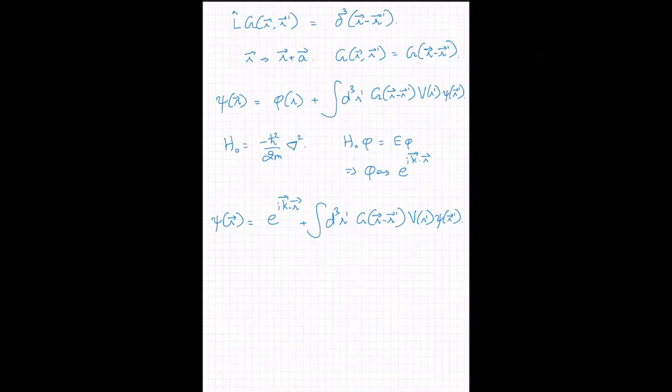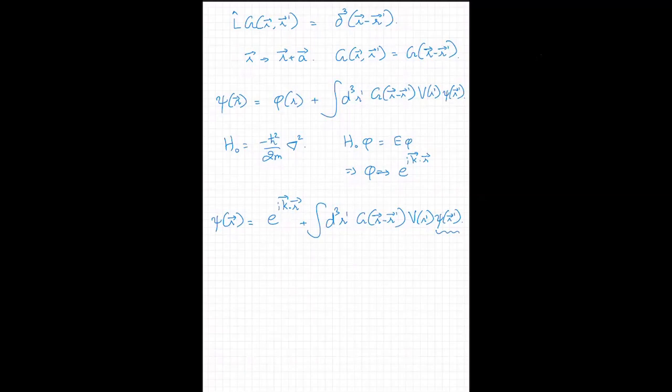Okay, e to the i k dot r is fine, and on the right hand side, I know what the Green's function is because I've calculated the Green's function. I know what the potential is because the potential is given to me. But I also need psi of r prime, which means to understand the response over all space, I need to understand the response at every point, which also involves the same wave function. So to calculate the wave function, I need the wave function.